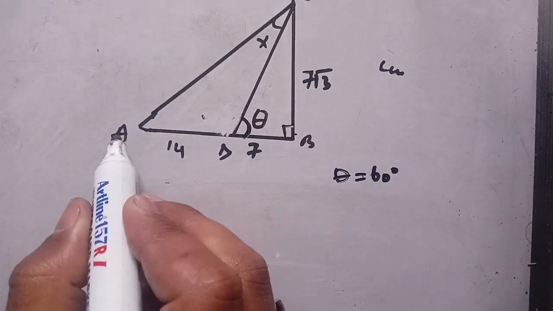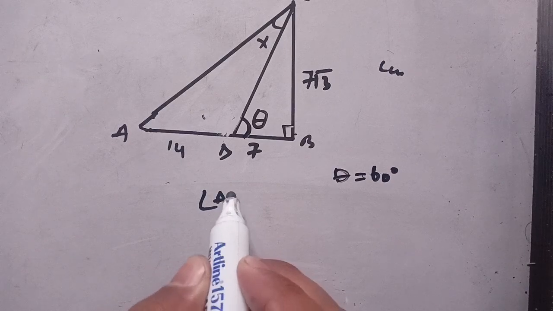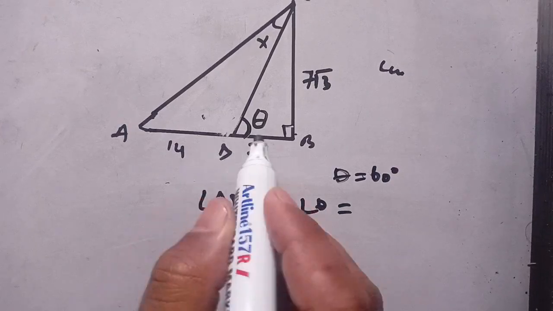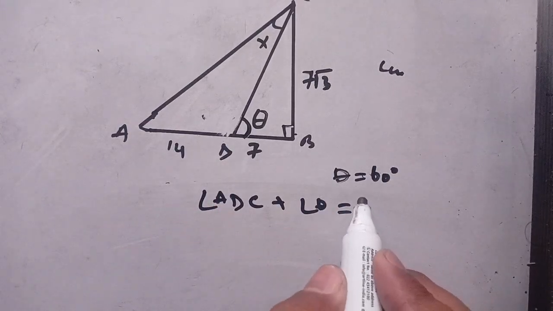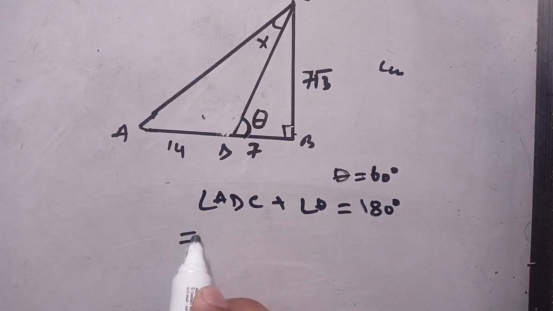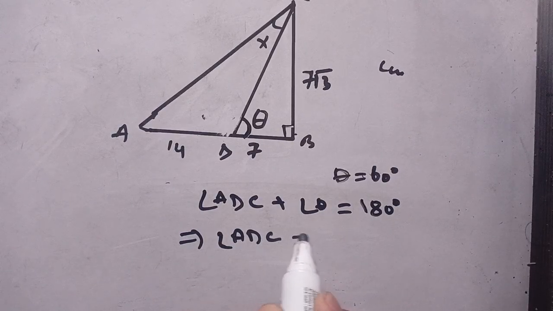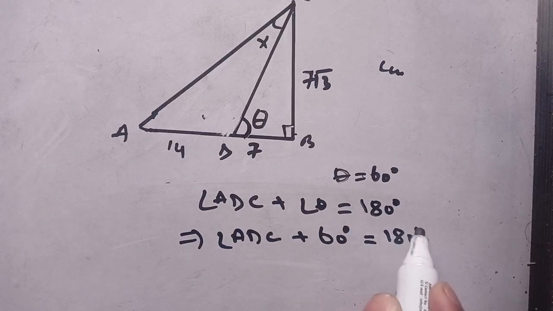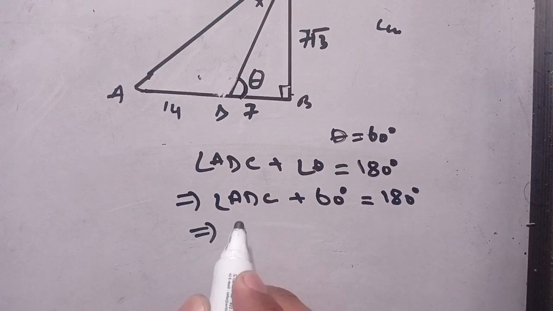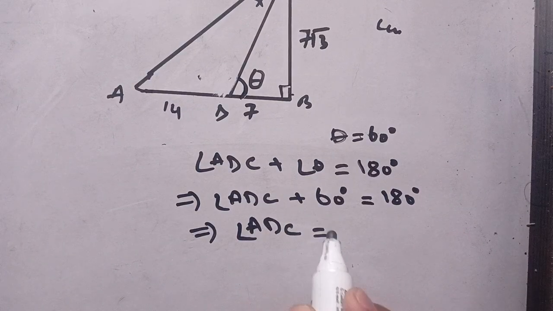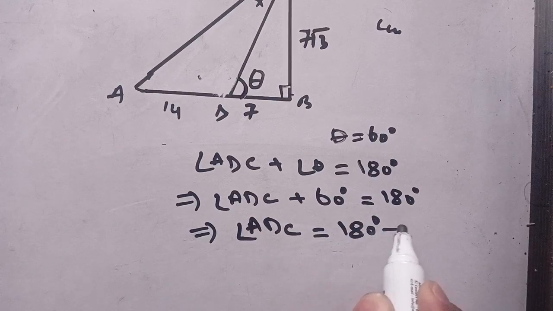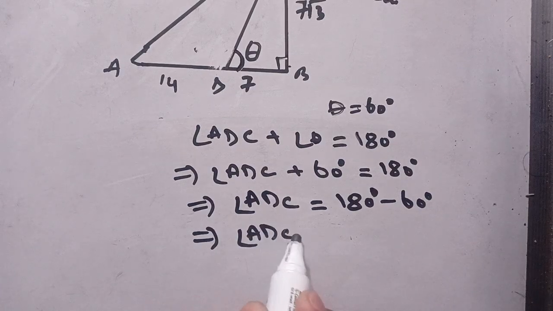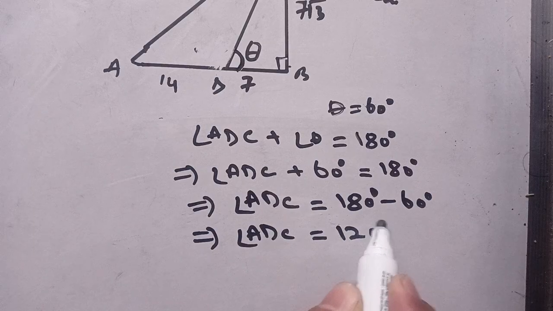Now, we have this angle ADC plus angle theta is equal to, this is a straight line angle, it is equal to 180 degrees, which implies angle ADC plus angle theta, it is equal to 60 degrees, it is equal to 180 degrees, which implies angle ADC is equal to 180 degrees minus 60 degrees, which implies angle ADC is equal to 120 degrees.